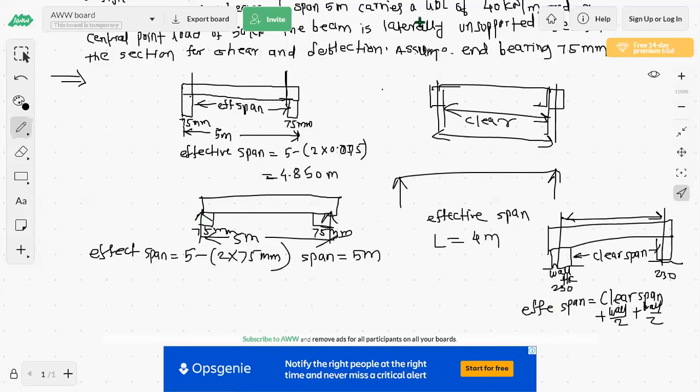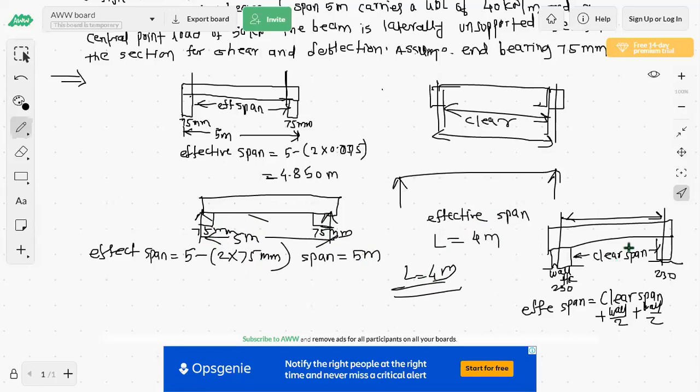There are three possibilities in the examination. The examiner will give the effective span directly in the problem statement; then L is directly whatever is given, for example L is equal to 4 meter. If the whole span is given as 5 meter and end bearings are given, then we deduct the end bearings from this span.